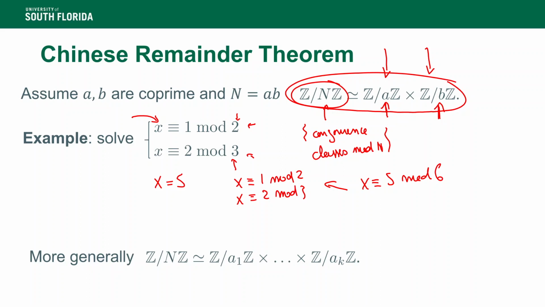Okay, so here we have fixed all the solutions by finding one element congruent to 1 mod 2 and 2 mod 3, and there are generic techniques to allow for this. Here we just eyeballed it, okay? And of course, this generalizes very easily to the case of k coprime elements, and so in this case you'd have more equalities, okay?